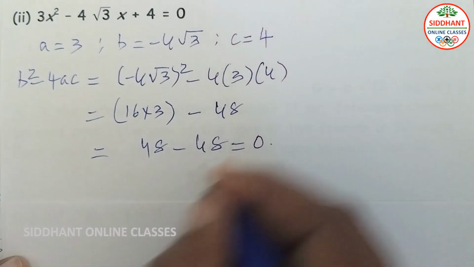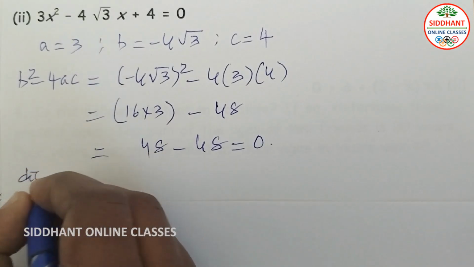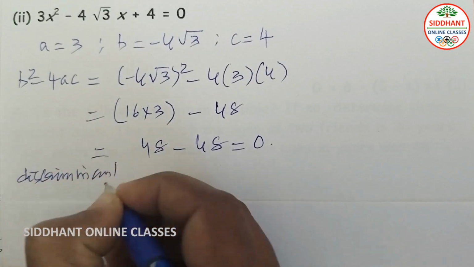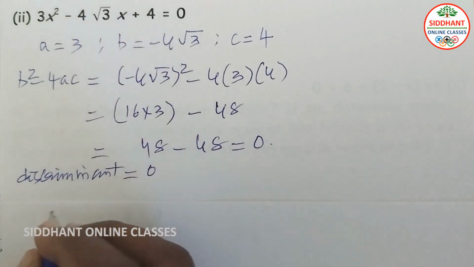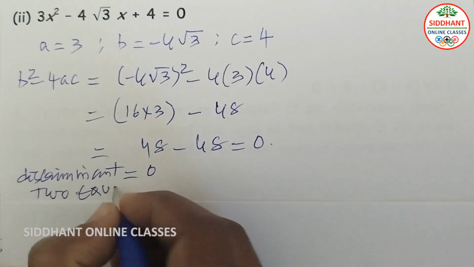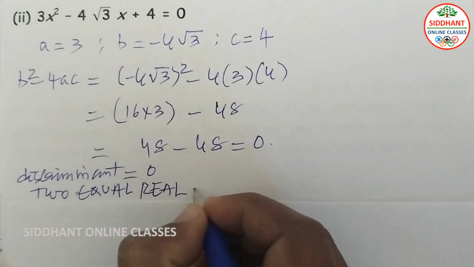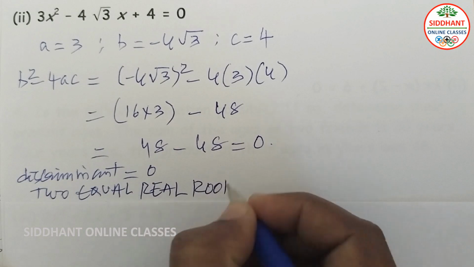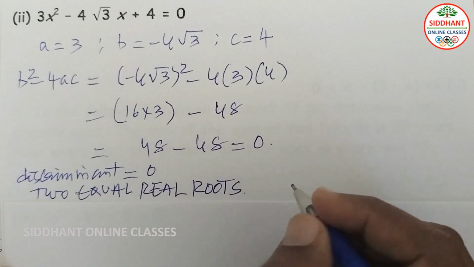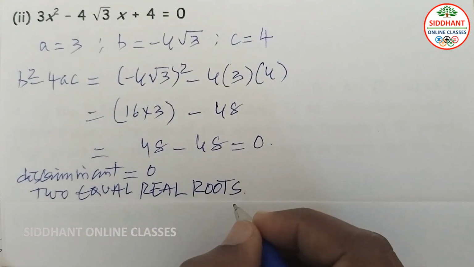So the discriminant equals 0, that means two equal real roots exist. So we are going to find out the two real roots here.